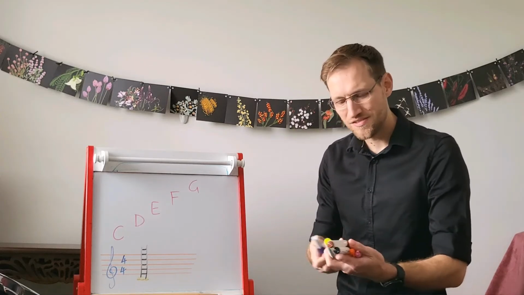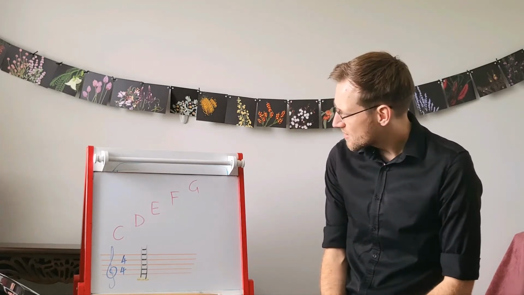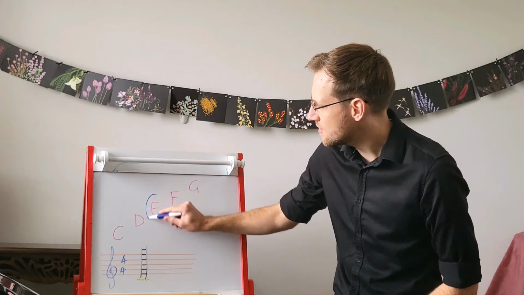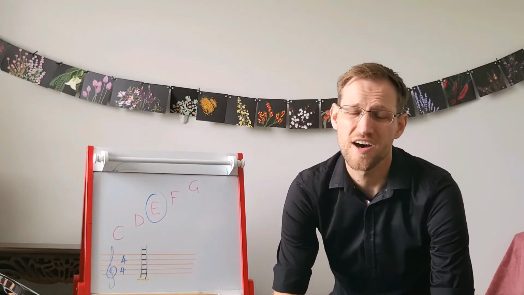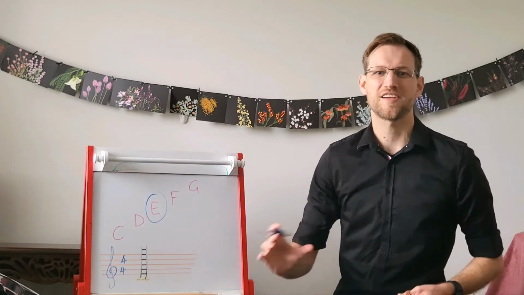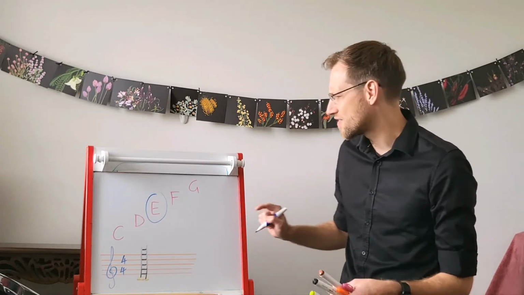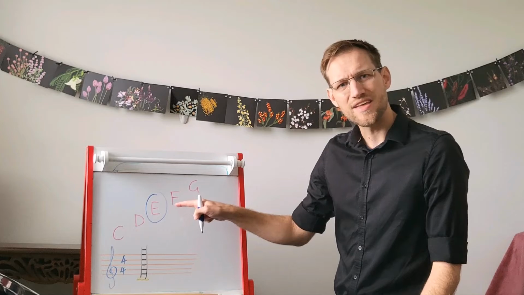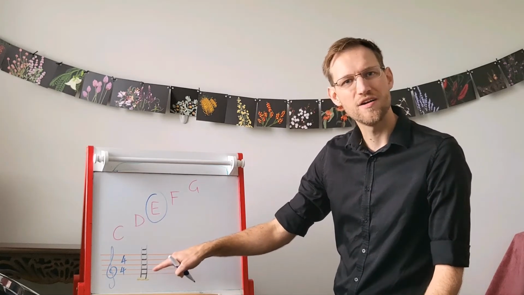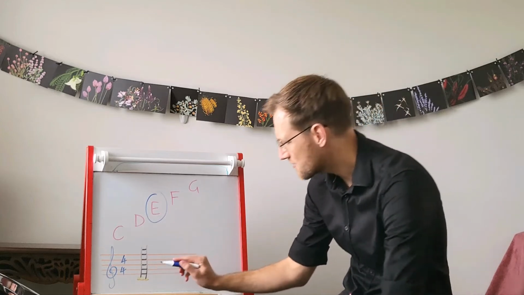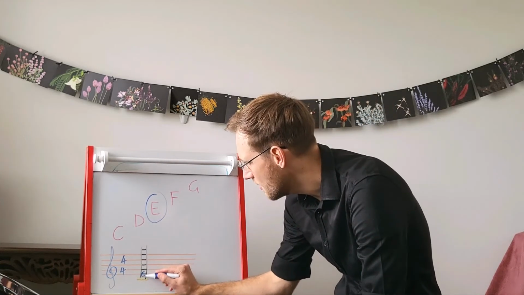Now the key thing that we're going to do here is take our note E, which we have played 18,000 times at this point, or at least if you've been practicing regularly. That note E is always going to live on the first rung of our ladder. So I'm going to draw a blue circle there.